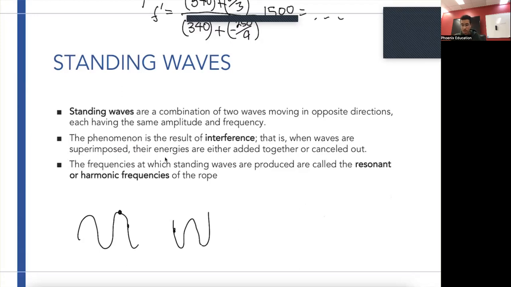And how a standing wave is formed is when a wave is traveling, it hits some type of surface and it bounces back. And when it bounces back, that second reflected wave will interfere with the original wave. And those will interfere in such a way that it forms a standing wave.